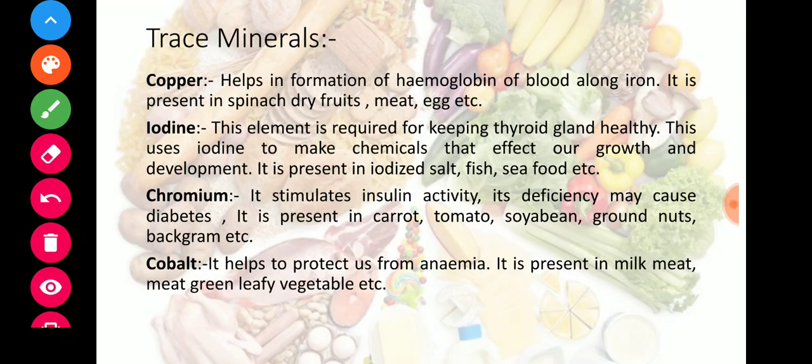Chromium is also an essential trace mineral and it stimulates insulin activity. Its deficiency may cause diabetes. So see, chromium is required in a very trace amount, but a very common health threat, that is diabetes, may occur in the body due to the lack of chromium.